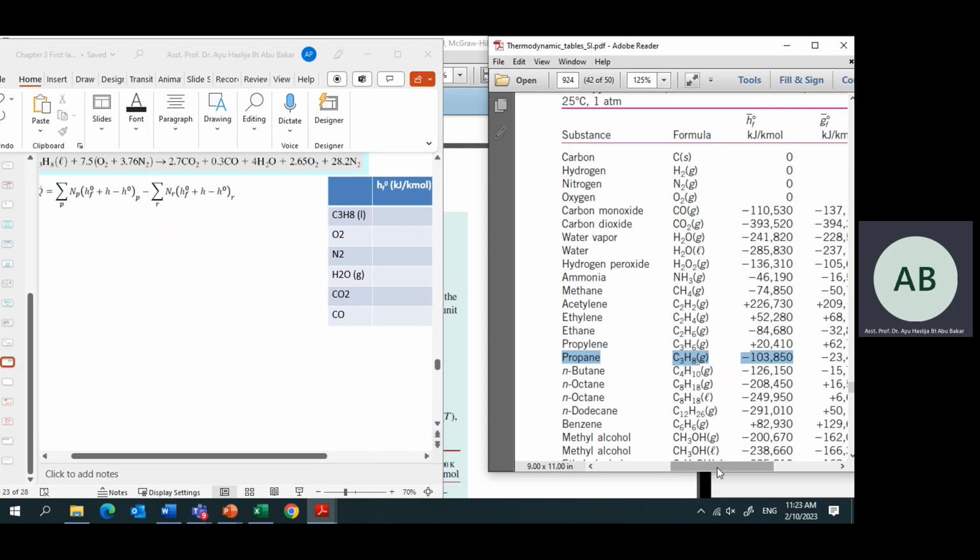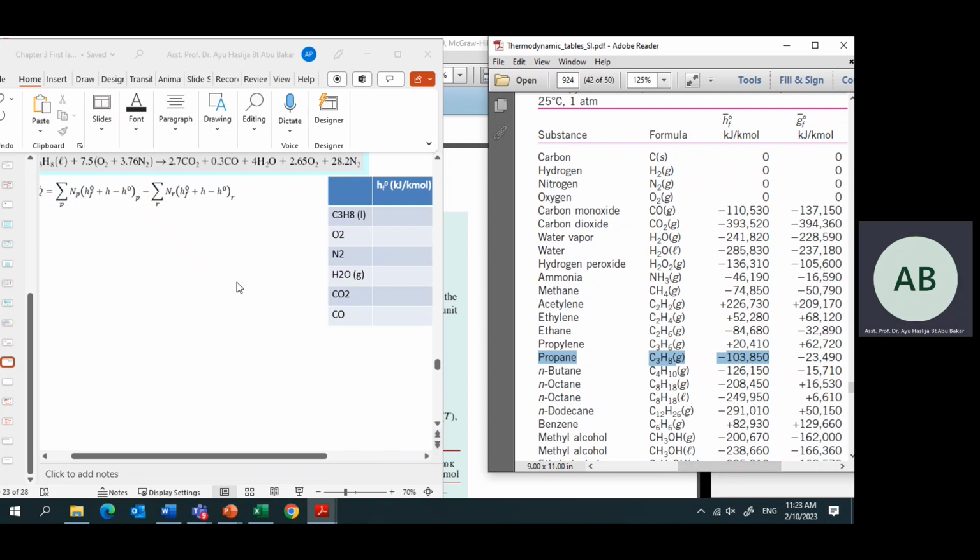From the question, propane is in liquid form. Later I'll show you how to get HF in liquid form.